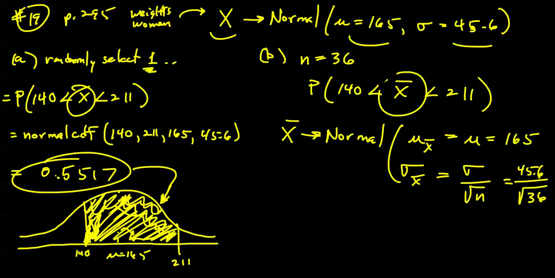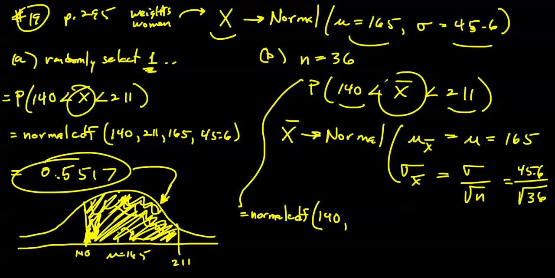All right, let me see if I can get this in properly using my normal CDF operator. The lower bound here is 140. The upper bound here is 211. The mean of the sample means is 165.